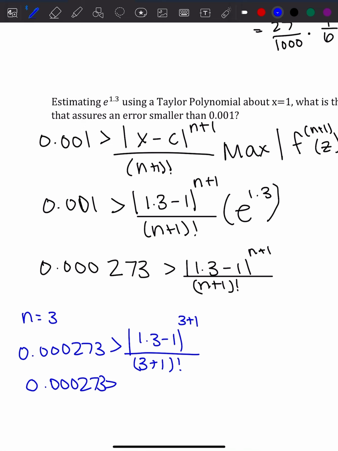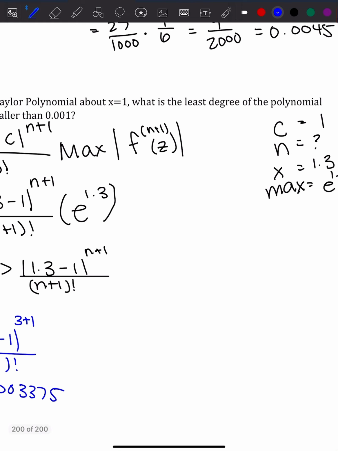So 0.3 to the 4th power gives us 0.0081, and we're dividing this by 4 factorial, 4 times 3 times 2 times 1, which would be 24, is going to give us 0.00033375. We have the right amount of zeros this time, but that first number, 3, is bigger than 2, so I know that these are not going to work.